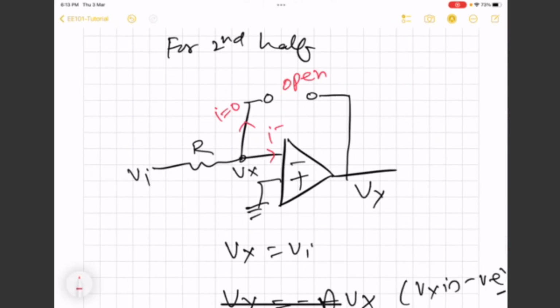And this current is 0 all the time for ideal diode. So that means there is no current flowing from Vi. This input current is 0. So this implies Vx is equal to Vi. Okay, sir. Thank you, sir.